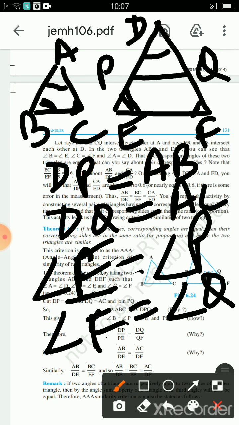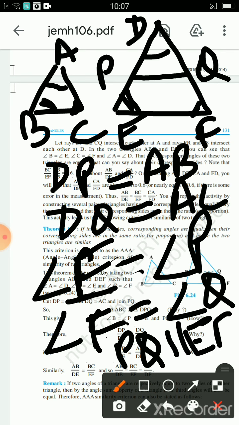Now these angles, angle P equal to angle E and angle Q equal to angle F, are forming a pair of corresponding angles. So PQ is parallel to EF. When PQ is parallel to EF, then by BPT theorem you can say DP upon PE is equal to DQ upon QF.